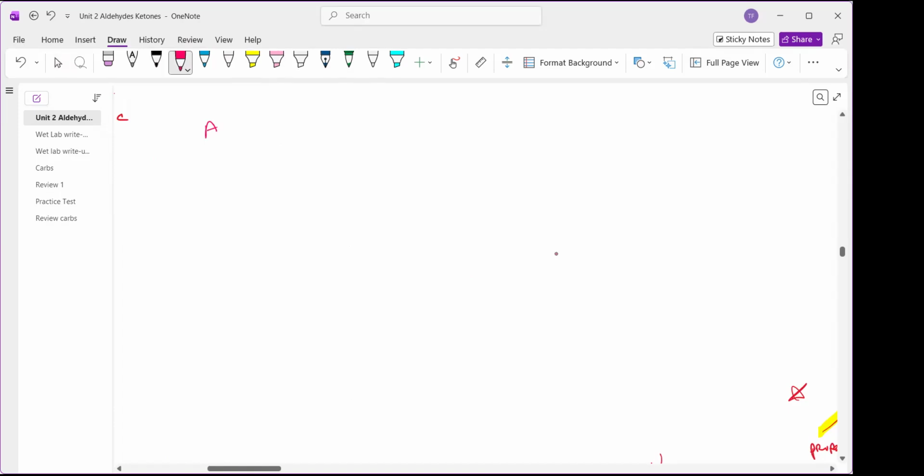When you have an alcohol plus an aldehyde, first thing that happens, you end up making a hemiacetal. A hemiacetal is the first part of that reaction. It continues on to form a full acetal.